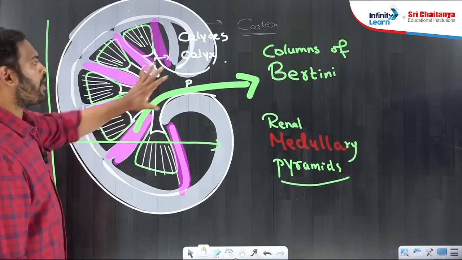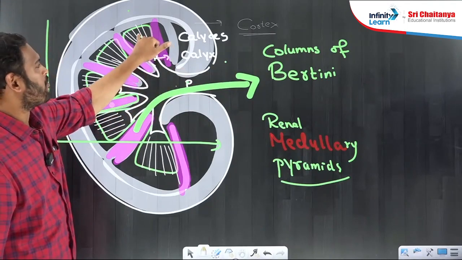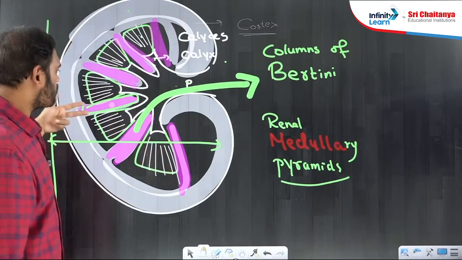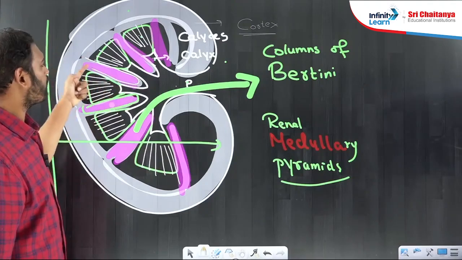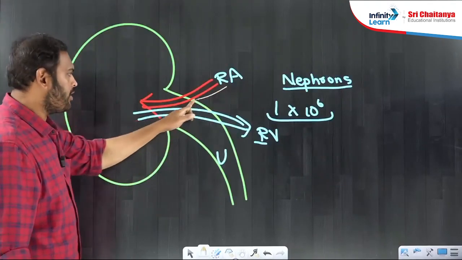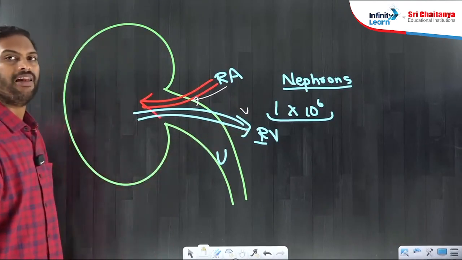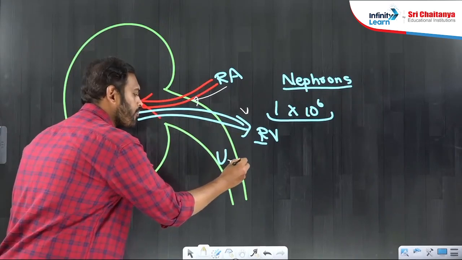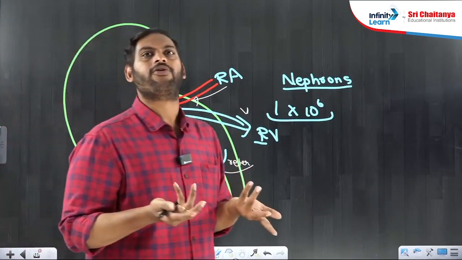Okay? So, hilum, pelvis, calyx, renal pyramids, cortex. The cortex extends between renal pyramids as columns of Bertin. So, at the notch, the renal artery enters, the renal vein exits. At the same time, the pelvis goes out as the ureter. You have a pair of kidneys, therefore a pair of ureters.